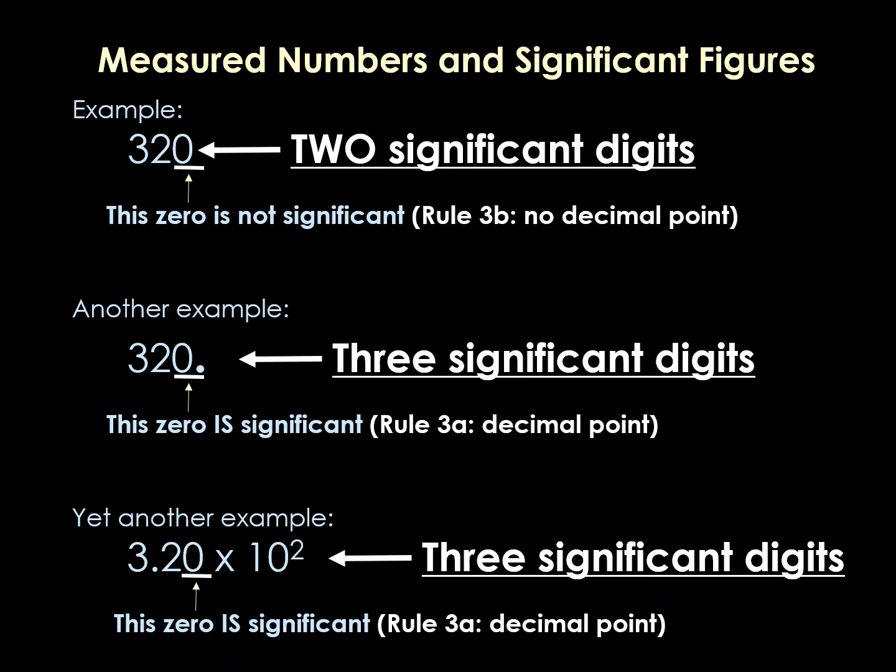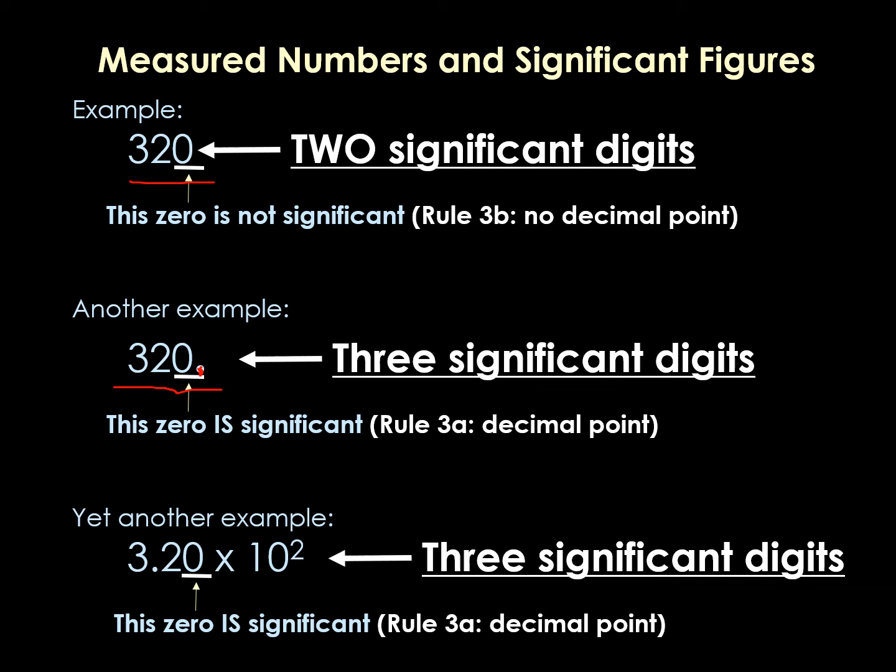One thing that I think differs a little bit from your textbook, if you have the number 320, this signifies 2 significant figures. If you include the decimal point here in your measurement, so if you wrote 320 dot, that would be 3 significant figures.